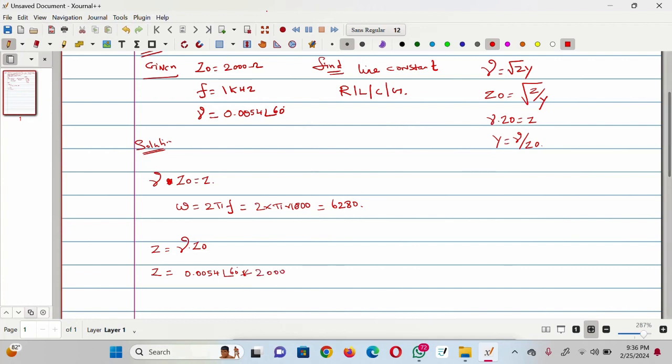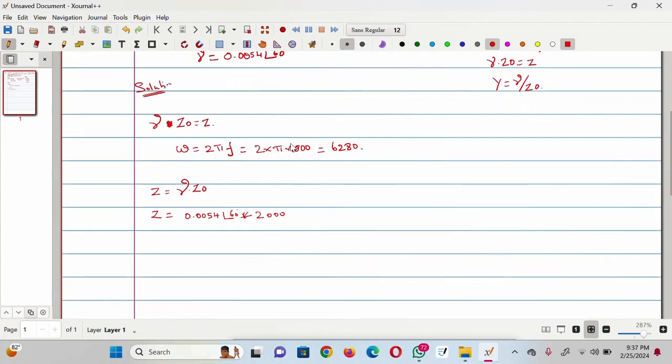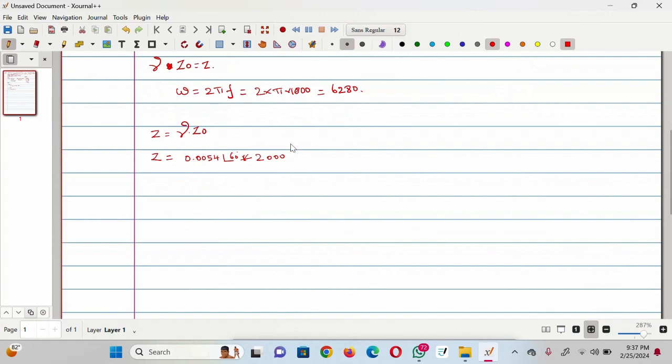Now how are we going to reduce this? Just a mathematics method, we have to simplify these terms. We multiply the real numbers, 0.0054 into 2000, and finally you get 108.